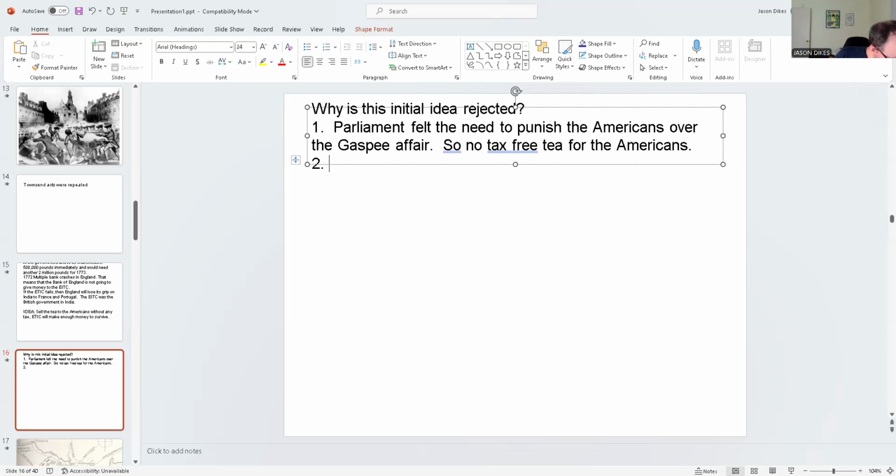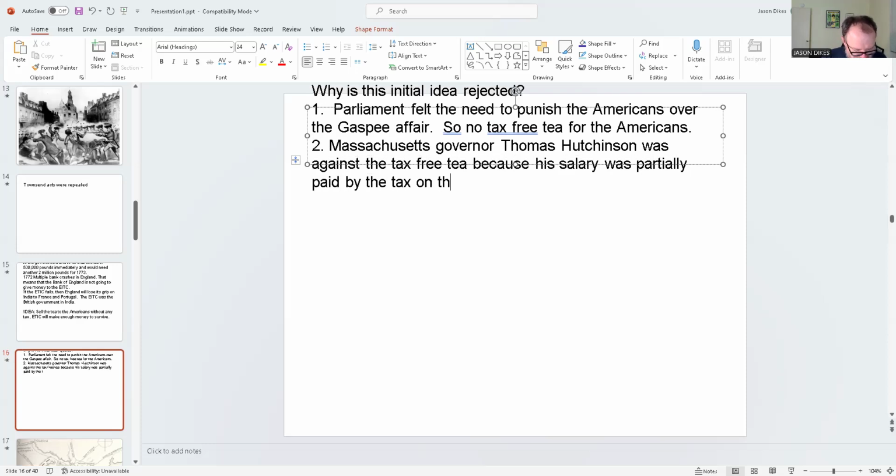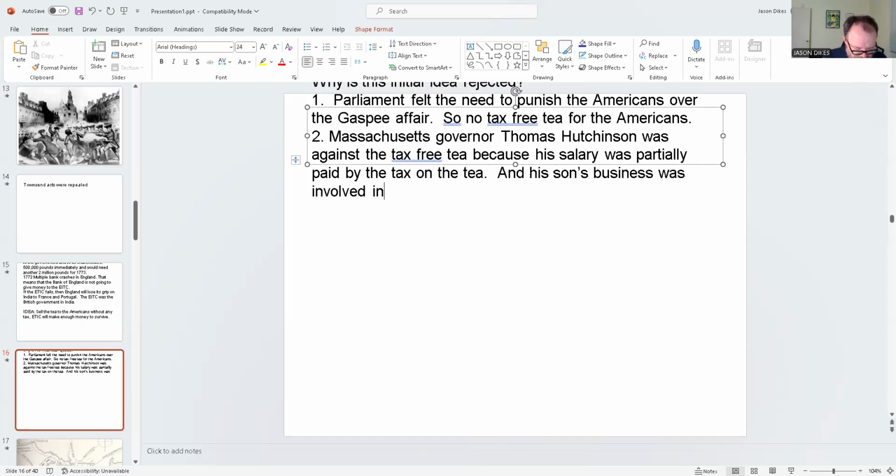Second, Massachusetts Governor Thomas Hutchinson was against the tax-free tea because his salary was partially paid by the tax on the tea, and his son's business was involved in collecting tea tax.